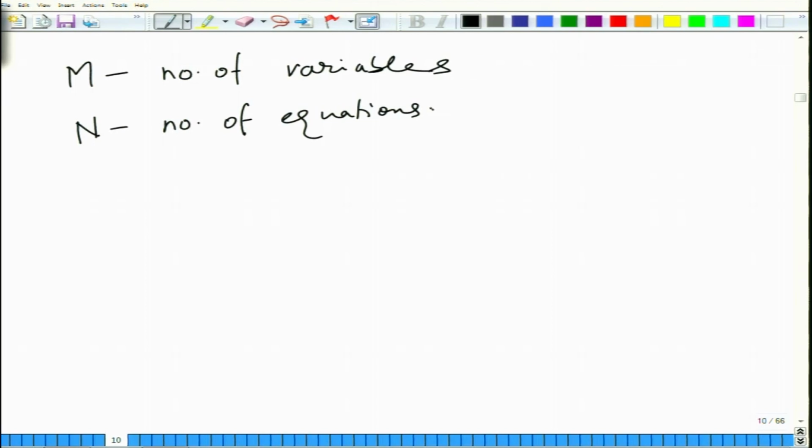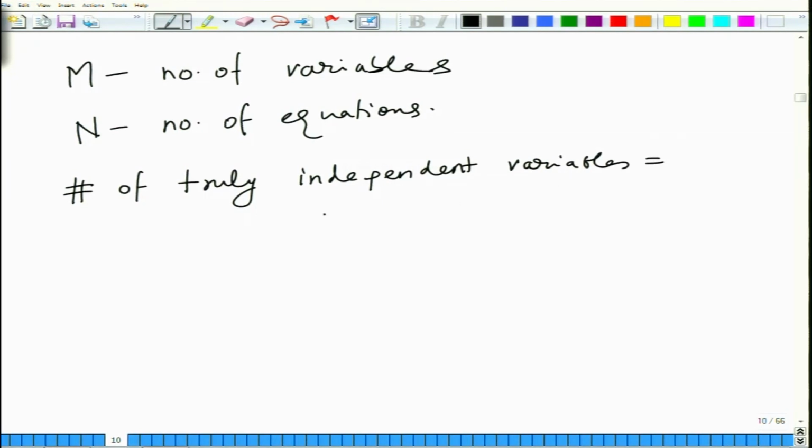So the number of truly independent variables is given by m minus n.